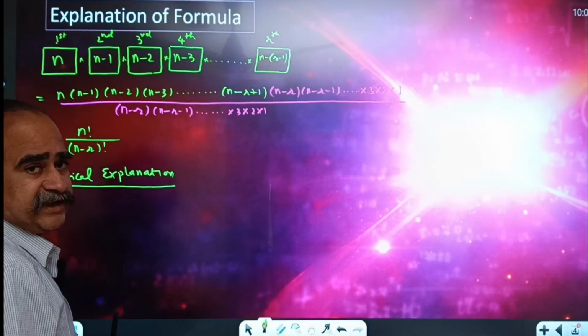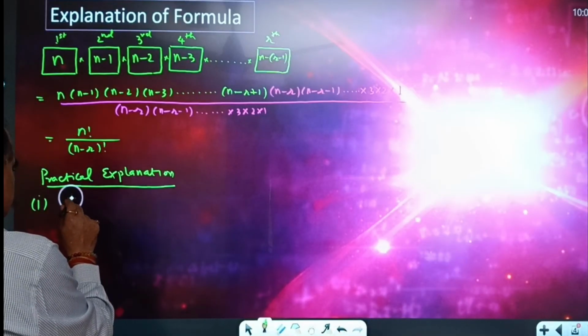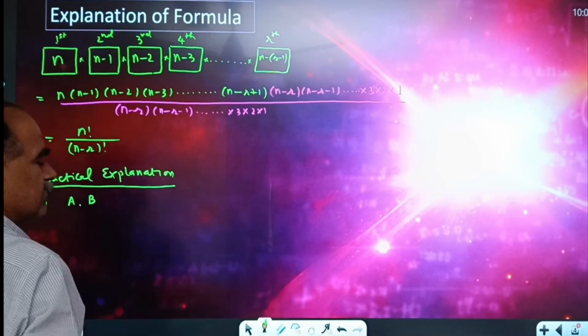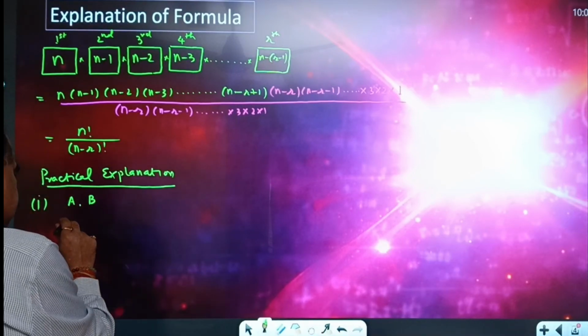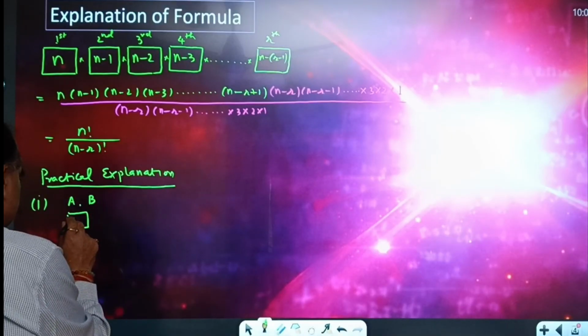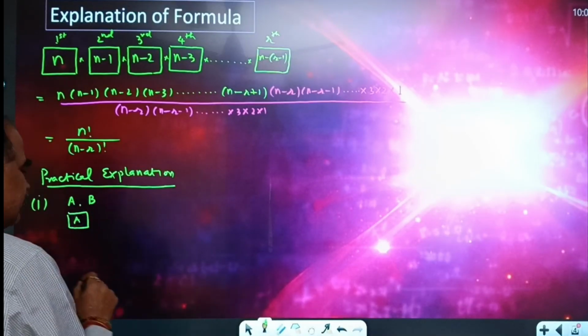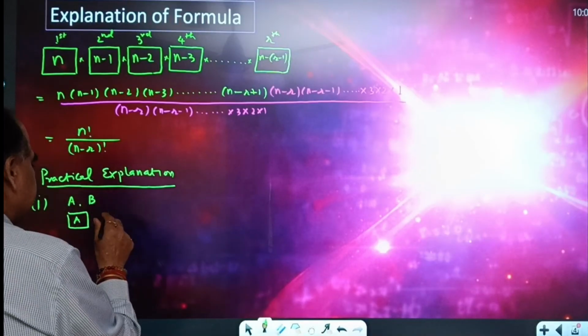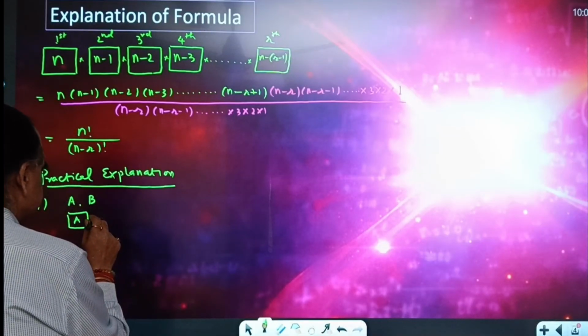Suppose two persons are there, A and B. I am arranging one of them: I can arrange A, or I can arrange B. So practically you observe two ways.